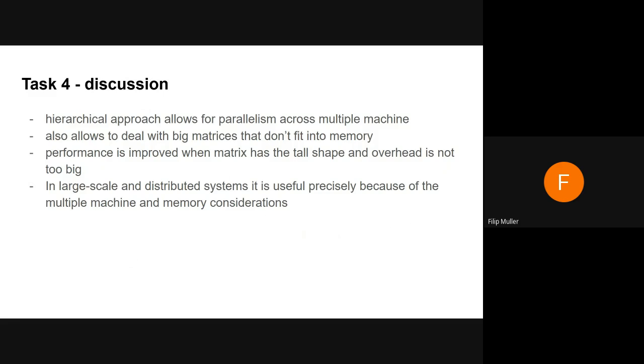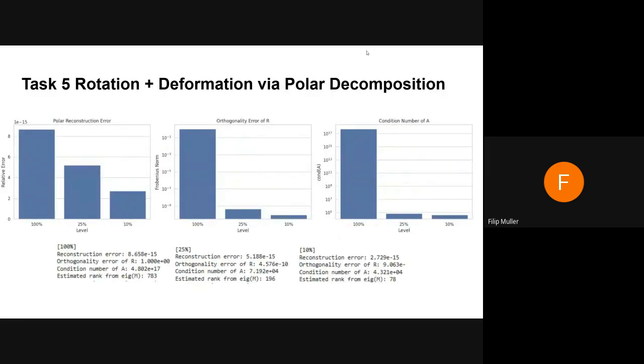So that's pretty much the answer to how this affects large scale and distributed systems: for them it is generally very useful because it allows them to make use of a bigger amount of smaller computational units. Yeah, it's good.